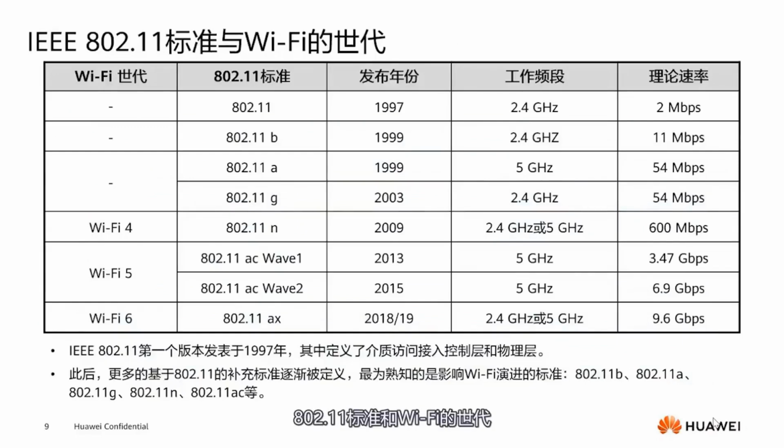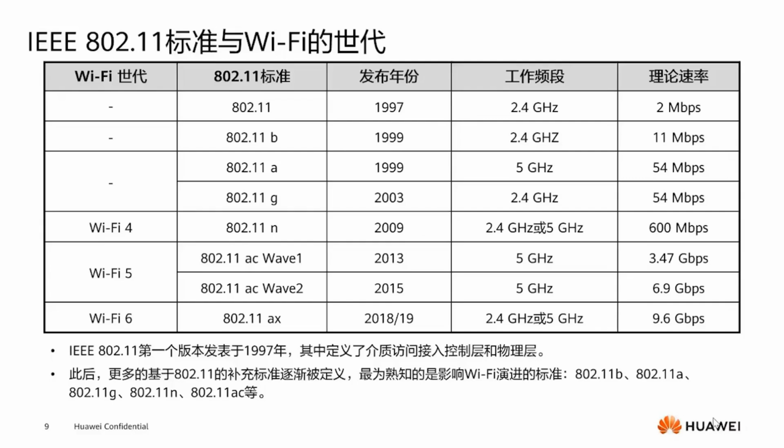Let's now look together at the 802.11 standards and Wi-Fi generations, starting with the 802.11 standard. We can see the initial 802.11b, a, g standards. The above few standards we basically no longer use. What everyone is familiar with is the 802.11n standard. Wi-Fi 4 is what we know as 802.11n, which can achieve a 600 megabits per second bandwidth.